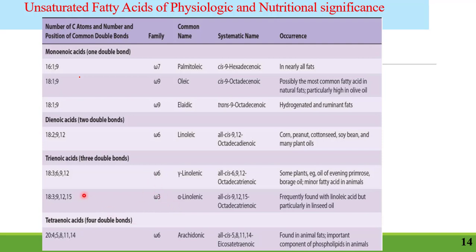These two types, linolenic and linoleic, are essential fatty acids for our body, and they are related to arachidonic acid, because it has 20 carbons and 4 double bonds on carbon number 5, 8, 11 and 14. 20 minus 14 gives us 6, and it belongs to the omega-6 family.